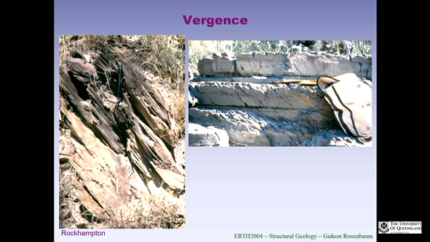If you see that the cleavage is going all over the place, then you must be dealing with more than one generation of folding. The whole thing would work only if we have one generation of folding and the cleavage is consistent everywhere, because it represents the axial plane orientation of that fold. So that's good.